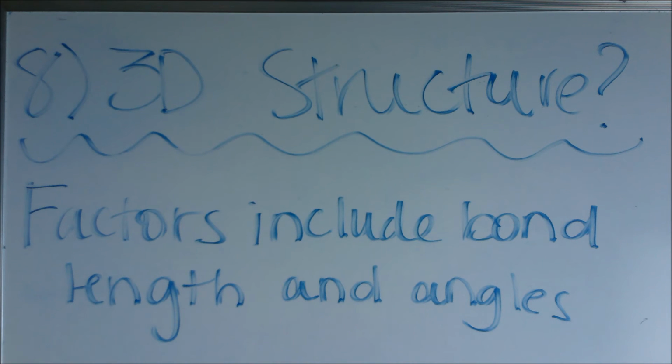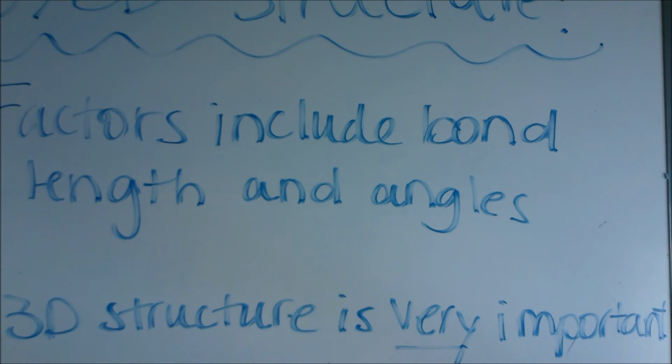So now that we know how to draw a Lewis structure, we're going to talk about 3D structures. So what substances look like in real life in 3D space. There are factors that affect a molecule's 3D shape, and those include bond lengths and bond angles. 3D structure is very important, especially in determining how substances will behave and how substances will interact with other substances in real life.